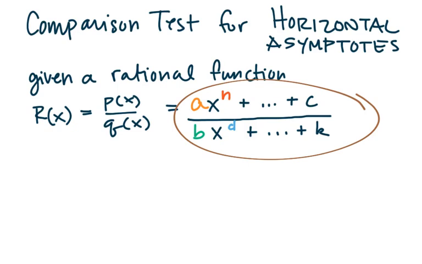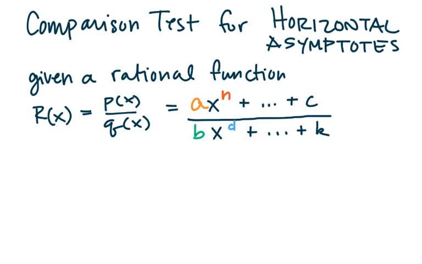Okay, so we're going to be zoning in on these leading terms in order to determine how or where a horizontal asymptote occurs. So we have three situations that can occur. The first situation is that n is equal to d.